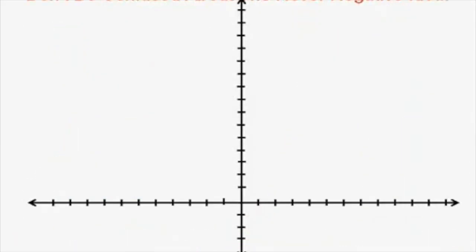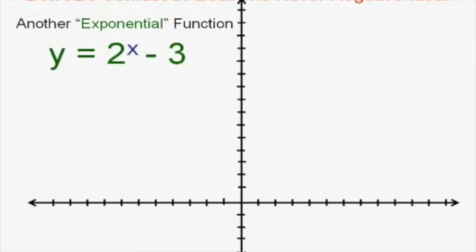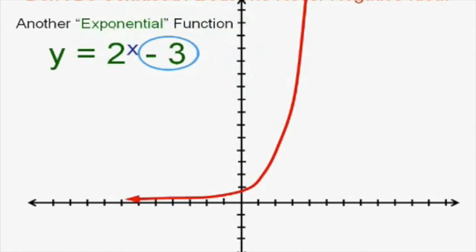Warning, warning, warning. Now don't be confused about this never negative idea. For instance, if we look at the same function, but let's add a negative 3 on the end of it, that's where y equals 2 to the x. If we look at what y equals 2 to the x minus 3 is, what's that going to do to the graph of the function?